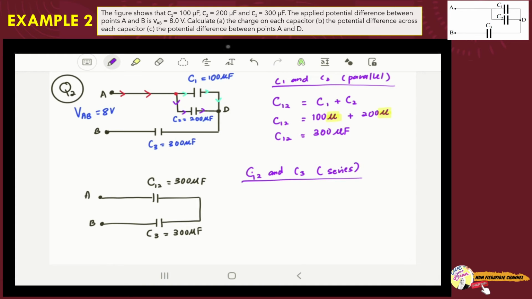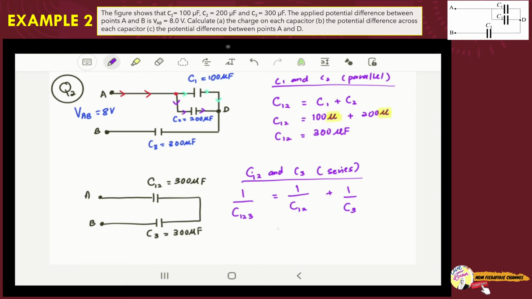Okay, so now we can write the total C123, or you want to write C total, no problem. So it's equal to 1 over C12 plus 1 over C3. Okay, so 1 over C12, earlier we already calculated it as 300 microfarad.